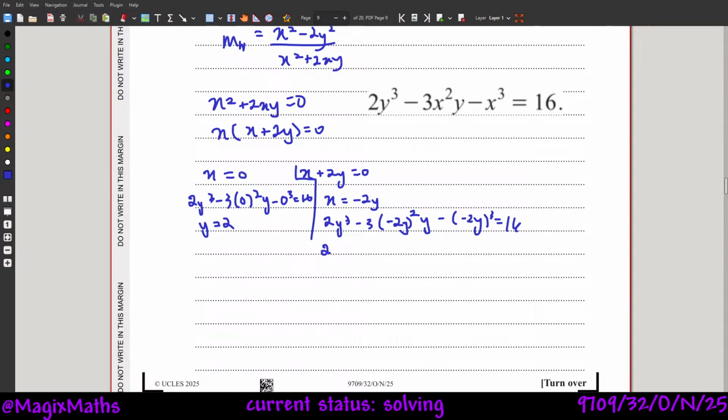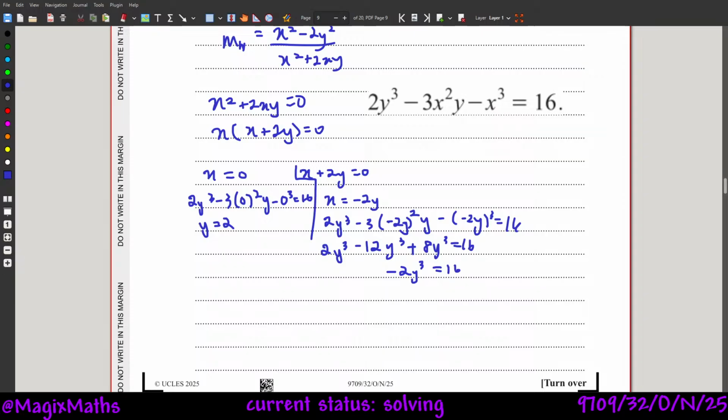And we'll have 2y cubed, this is 4, so negative 12 y cubed, and then plus 8y cubed is equals to 16. 2 plus 8 is 10 minus 12 is negative 2y cubed is equals to 16.